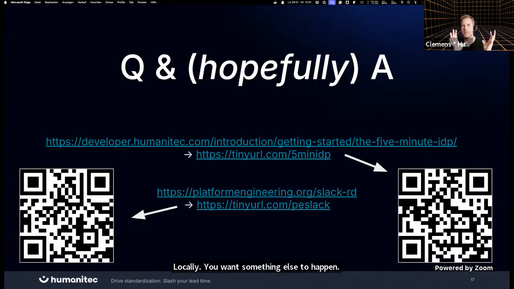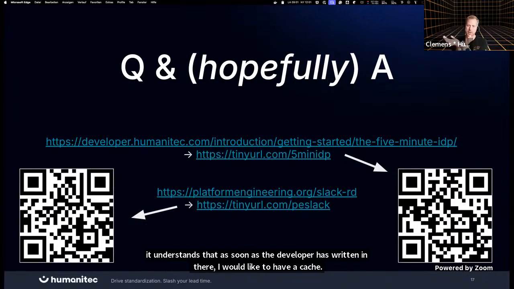Let's say you want to deploy to Docker. So you use score-compose to translate the Score file into a Docker Compose file. And score-compose, as its implementation, also has so-called resource provisioners. So it understands that as soon as the developer has written in there, I would like to have a cache, it should now turn that into something that is a cache.